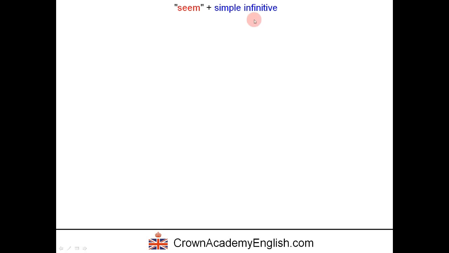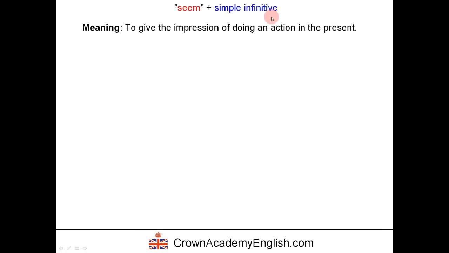So the simple infinitive, I'm sure you already know the simple infinitive. It means to give the impression of doing an action in the present. So the simple infinitive is simply to followed by the base form of the verb. Example, to cry.